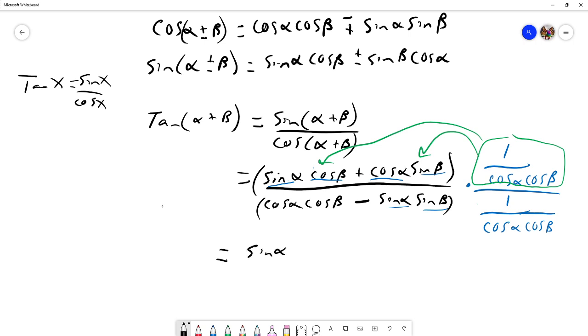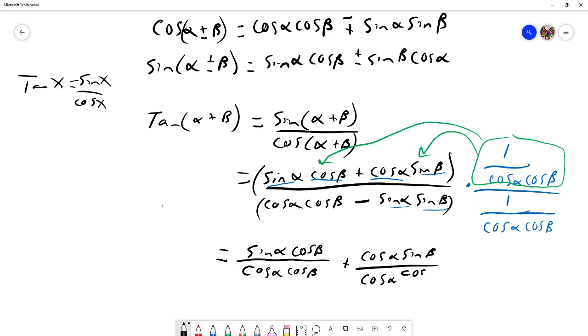So we have sine alpha cosine beta divided by cosine alpha cosine beta, and we have plus cosine alpha sine beta divided by cosine alpha cosine beta. That entire quantity.